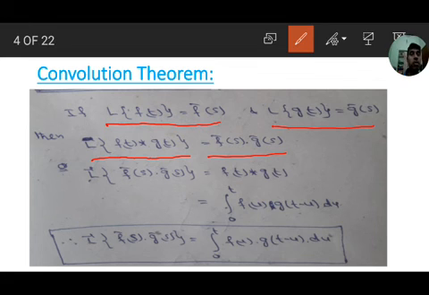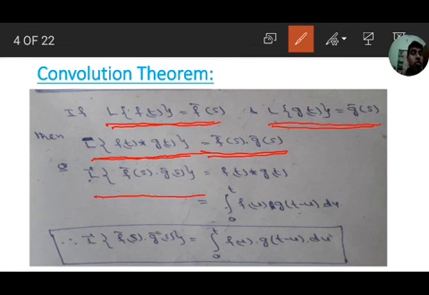Reversing it, L inverse of f bar s into g bar s equal to f of t star g of t, that is, the integration from 0 to t of f of u into g of t minus u du.